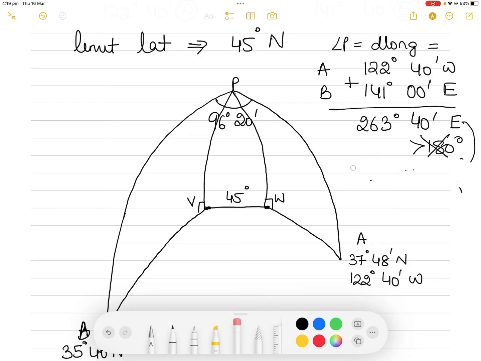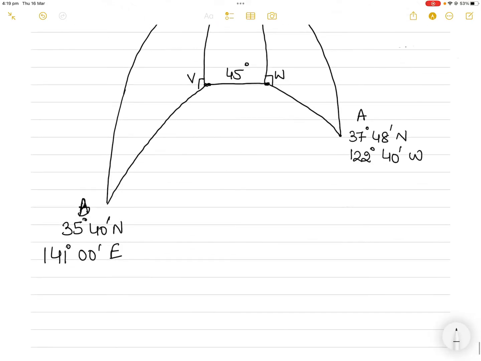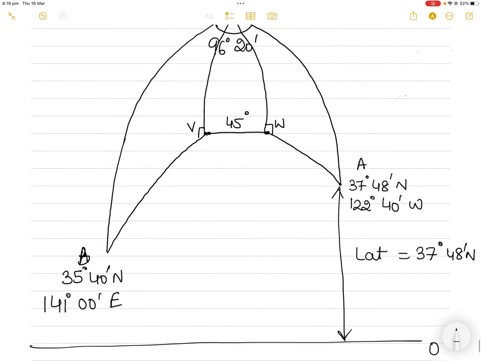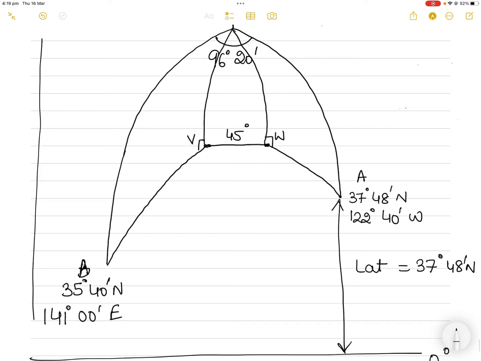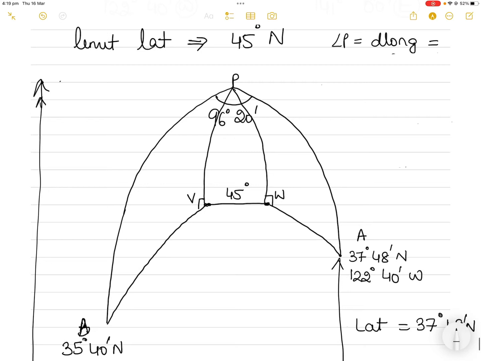So PA means from the North Pole to the latitude, right? How can we find that out? Because we know our latitude already. When I say latitude, what do I mean? If this is the equator, from the equator to A is my latitude, which is 37 degrees 48 minutes north in this case. But from the pole to the equator is 90 degrees.